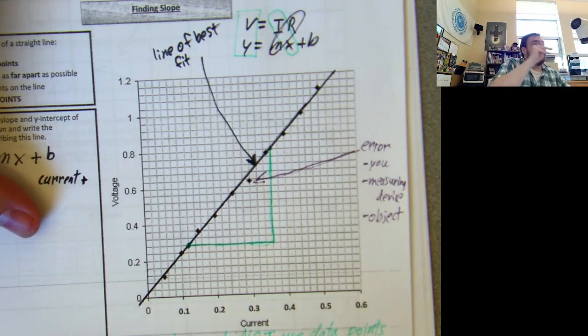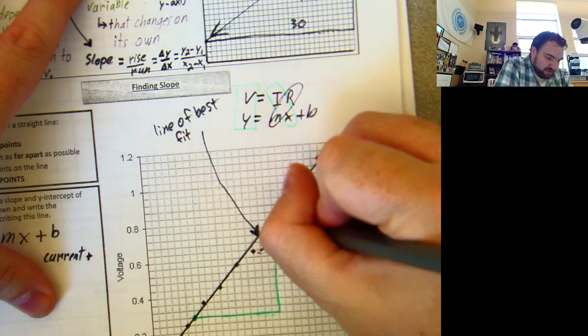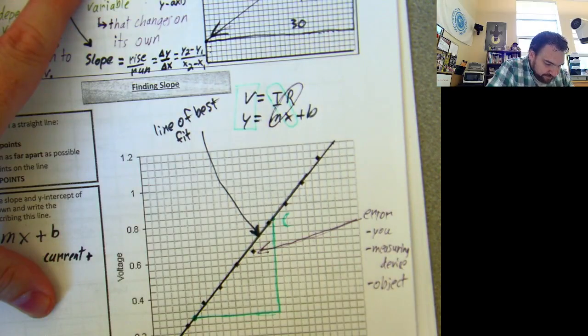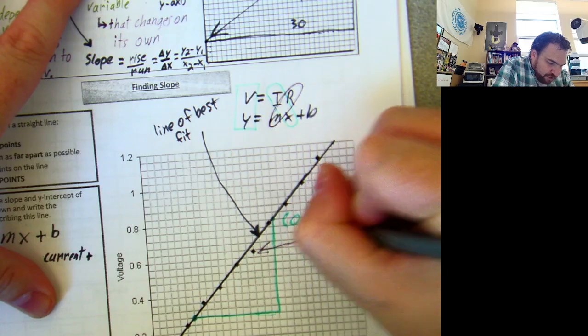Find 2 points where you feel the line goes through the grid and then label the coordinates of those points. So I'm going to finish mine. 0.32, 0.34, 0.36. And remember, the coordinates always go x, comma, y.